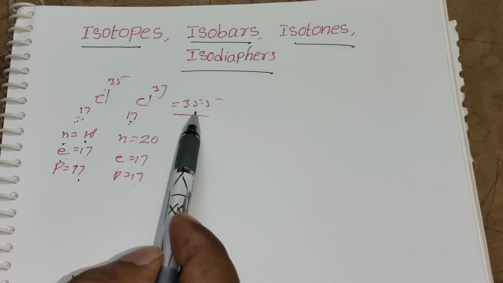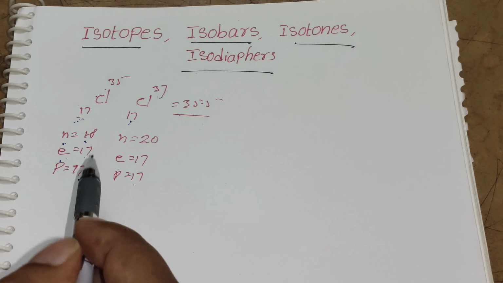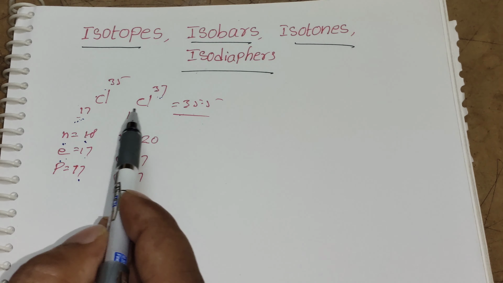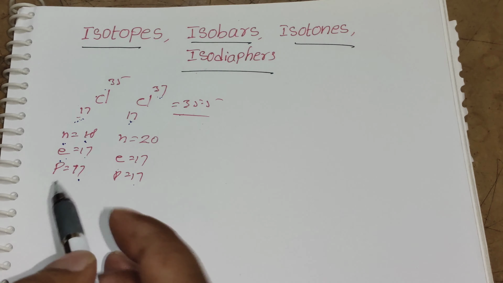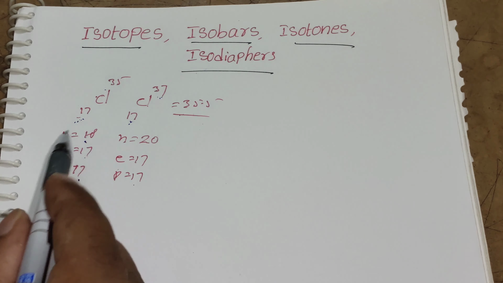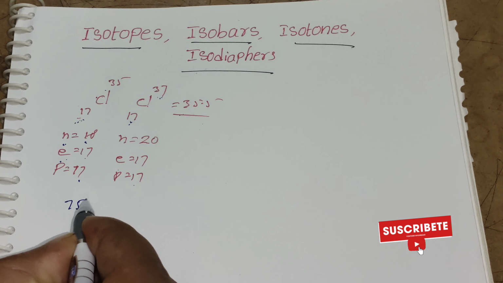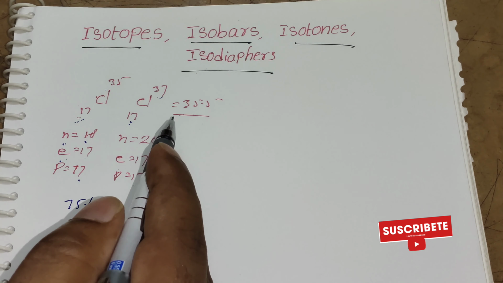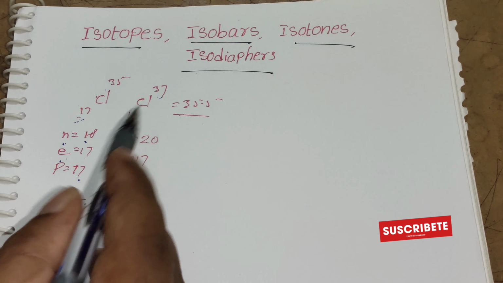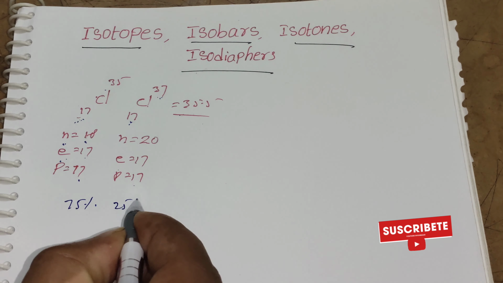How are we getting the atomic weight of chlorine? Here I am taking the average of the two isotopes. For example, the chlorine-35 isotope is available at 75%, and chlorine-37 is available at 25%.